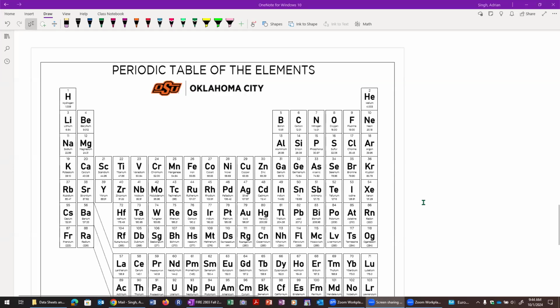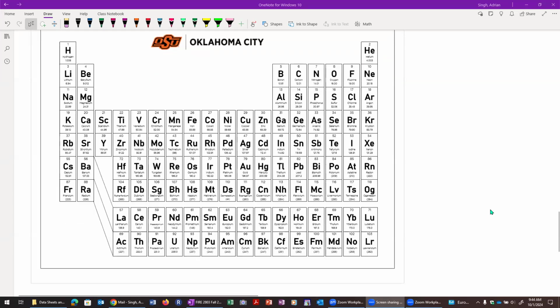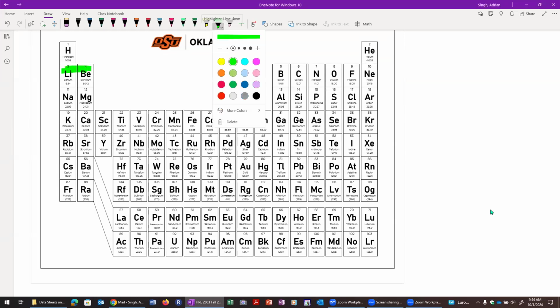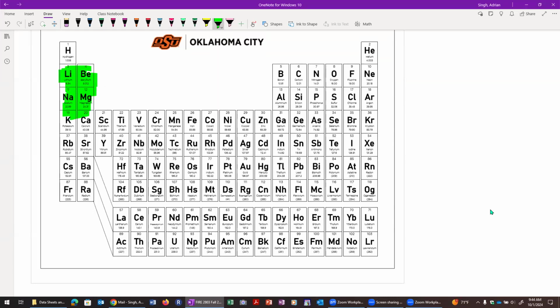So the first thing that we want to consider here is generally what we're going to see on the periodic table. I'm going to highlight these. So these elements that I'm highlighting that are in the green shaded color, and so all the way down this way.